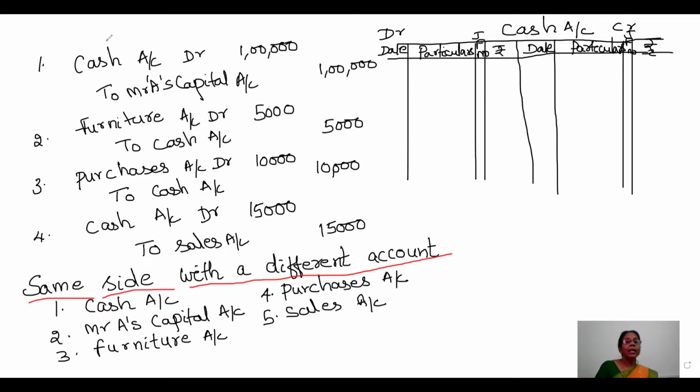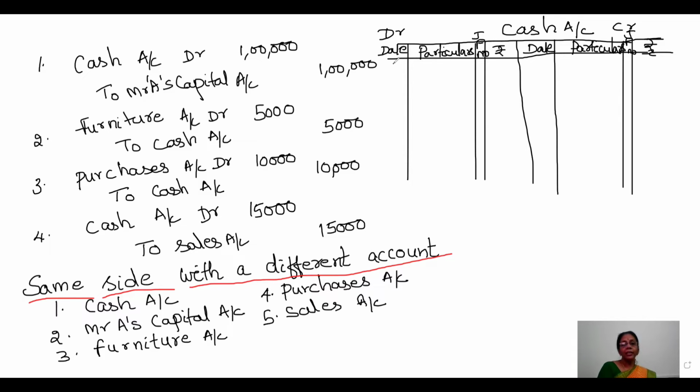You should identify the cash account and which side it is on. Cash account is given on the debit side, so your posting also should happen on the debit side only. Same side signifies your posting will happen on the debit side.